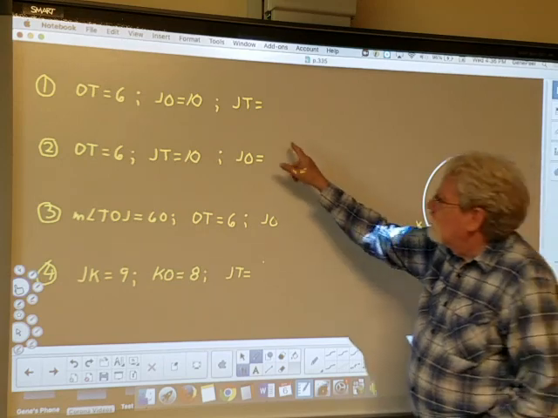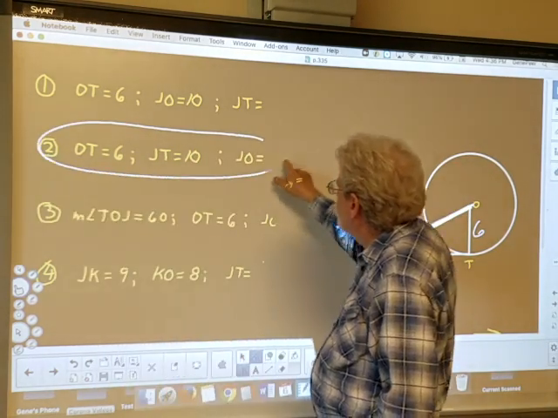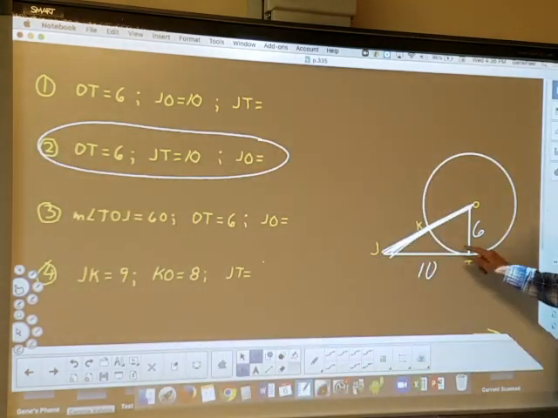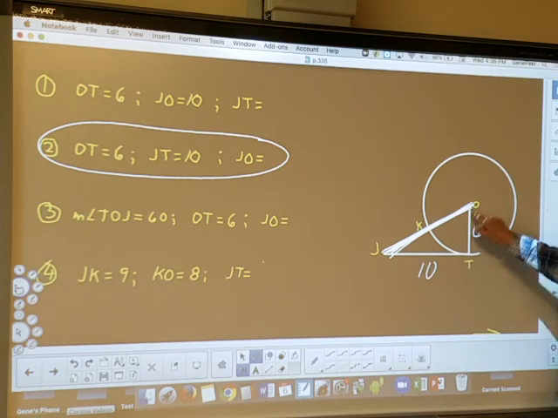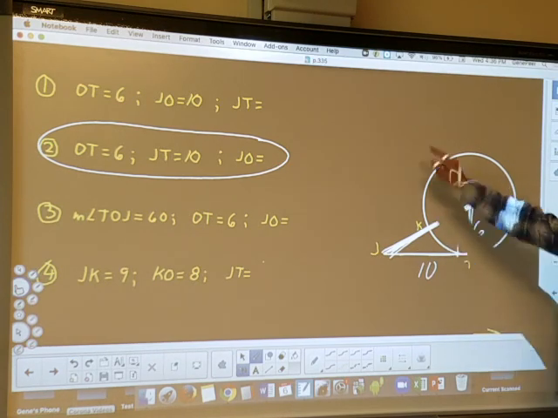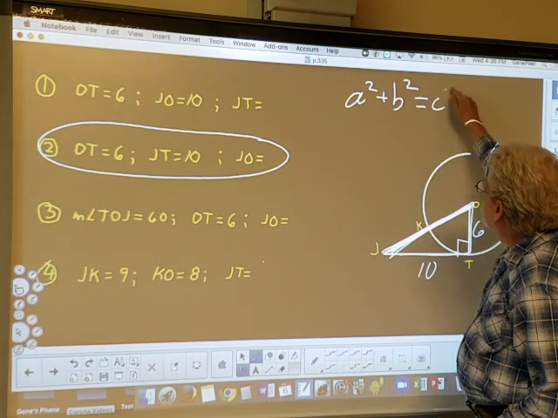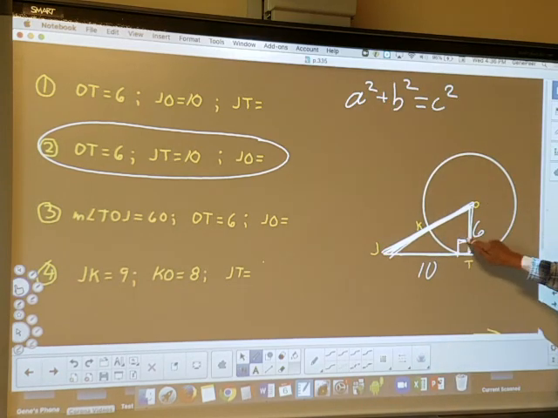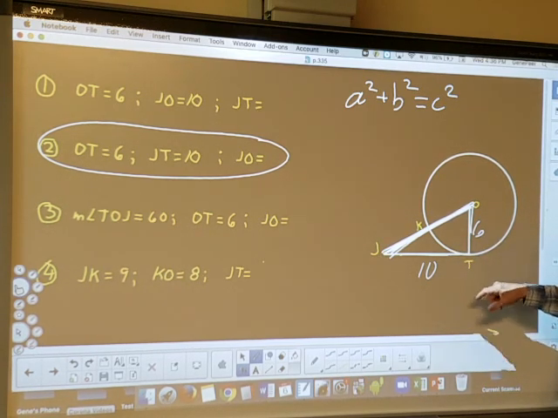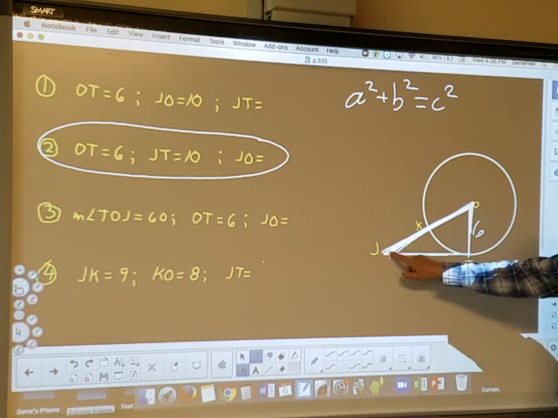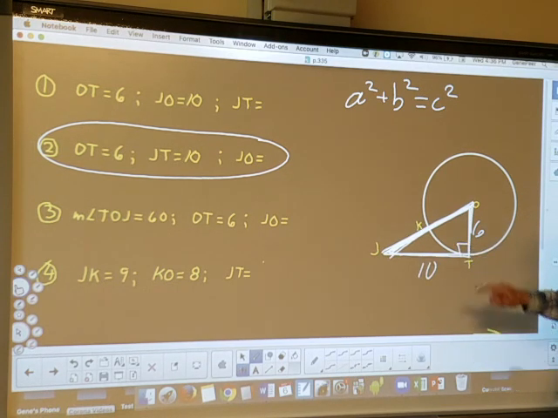Again, this whole problem is just checking to make sure you understand that there's a reason why this is a right triangle. There's a reason why we're allowed to use a squared plus b squared equals c squared. If we didn't know this was a right angle, we wouldn't be able to use that. But we do know it's a right angle because we've got that theorem that says that when a radius meets a tangent line, they will be perpendicular. So we're safe. It is a right triangle.